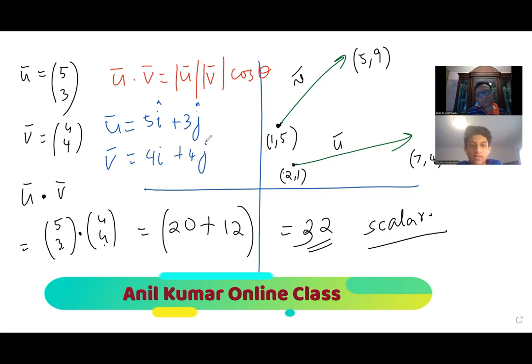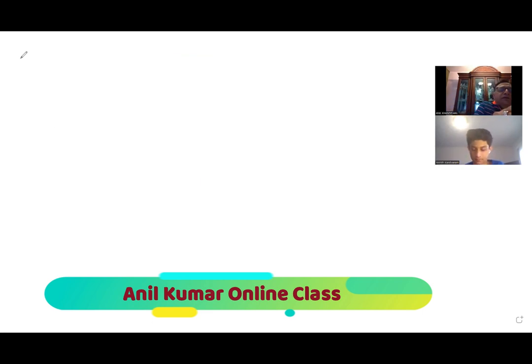So let us use this method and find the same answer. Remember 5, 3 and 4, 4. Let me clear the screen and rewrite vector u as 5, 3 and vector v as 4, 4. For unit vectors, you write a cap on top.